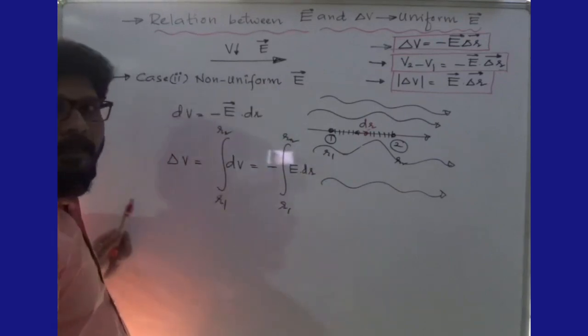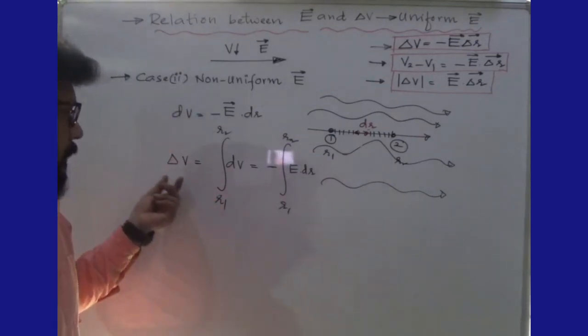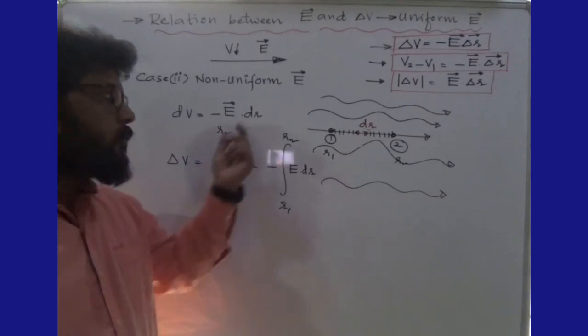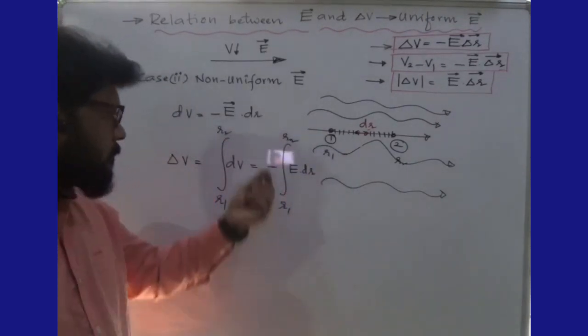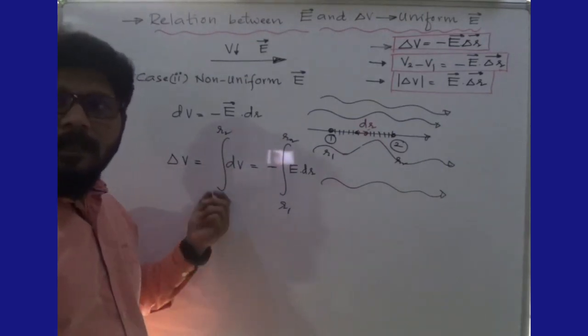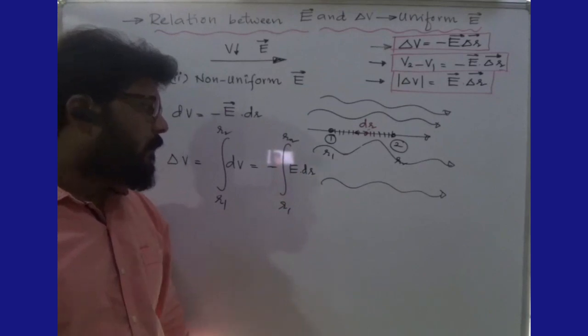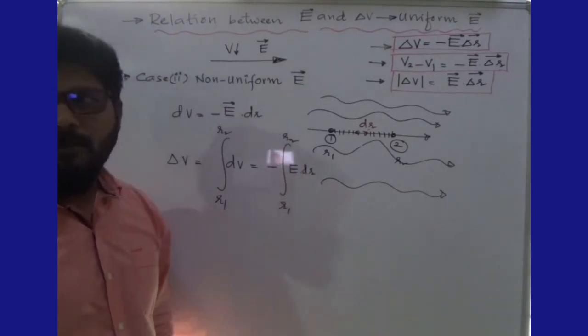Right. So this is the formula for a non-uniform electric field. If in the problem we want to calculate the potential in a non-uniform electric field, how can we calculate? By the method of integration. Integration of R1 to R2 dV is equal to minus the integral of E into dr from R1 to R2.